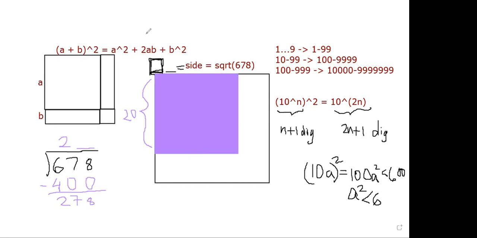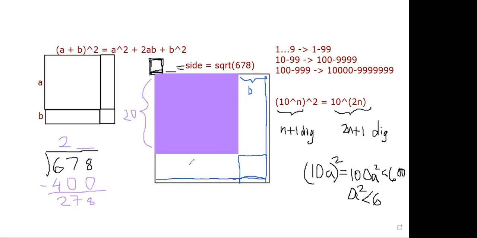Whatever the units digit is, if we call this B, we can split it into 3 parts. Maybe it's not a whole square, so we want to find the largest possible square that can fit within.